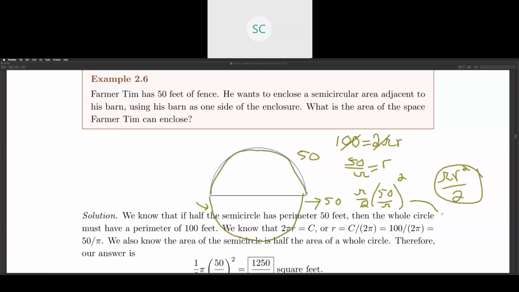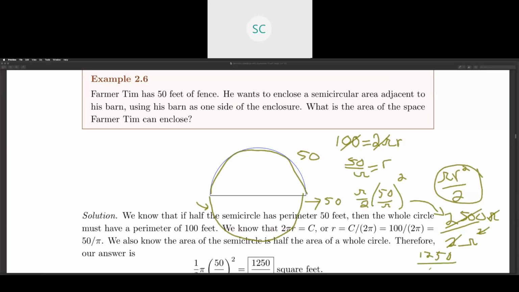If you do this, this is 2500 pi over 2 pi squared. Did I do that right? Okay, I think I did that right. And then you cancel out the pi's, and you cancel out the 2, and you're given 1250 over pi.